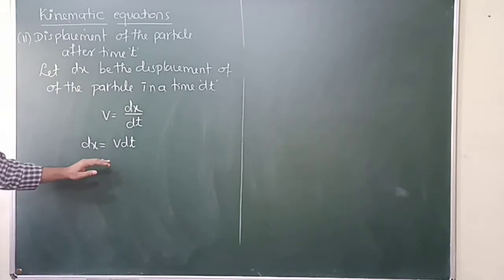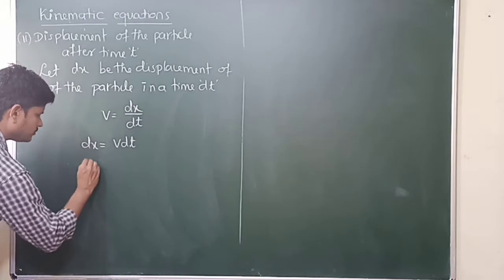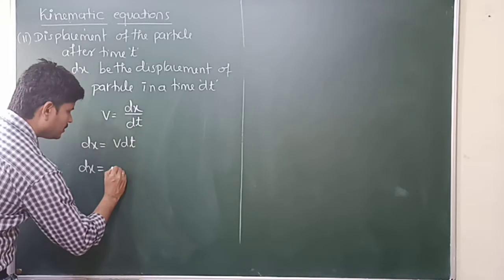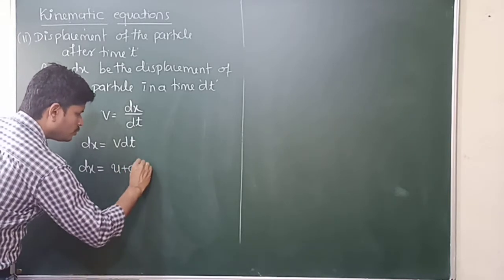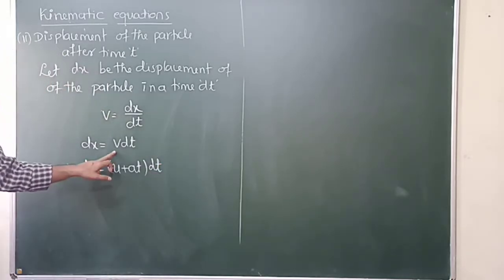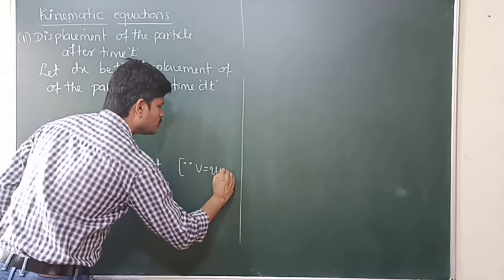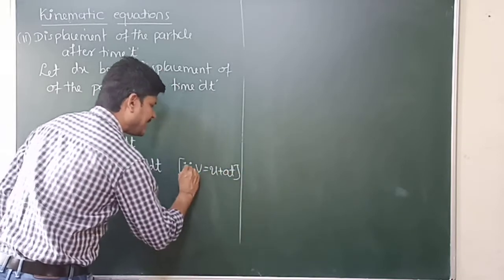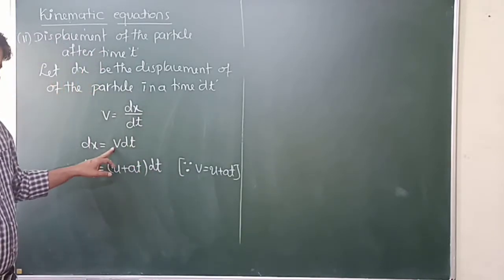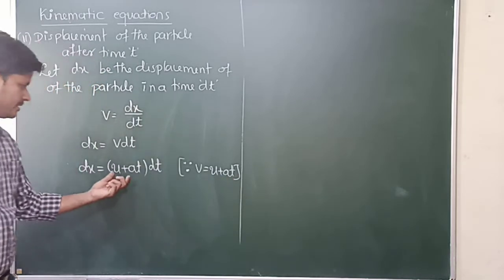Now see here, but v is equal to u plus at. We know this equation, right? In the place of v, just replace it with this term u plus at, so dx is equal to u plus at into dt.